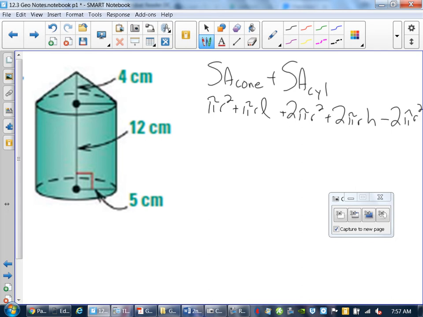Here's a cone, pi r squared plus pi r l. Put them together, back out 2 pi r squared because there's two circles being overcounted. By doing it this way, before putting any numbers or values to anything at all, I write it out because 2 pi r squared minus 2 pi r squared cancels out, doesn't it? That portion becomes 0.